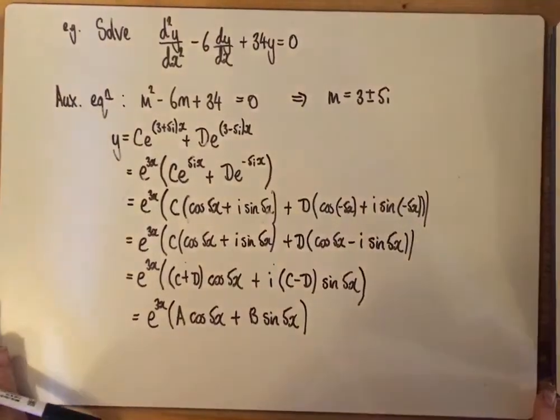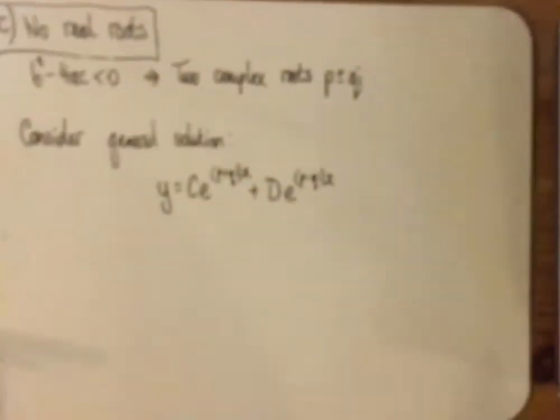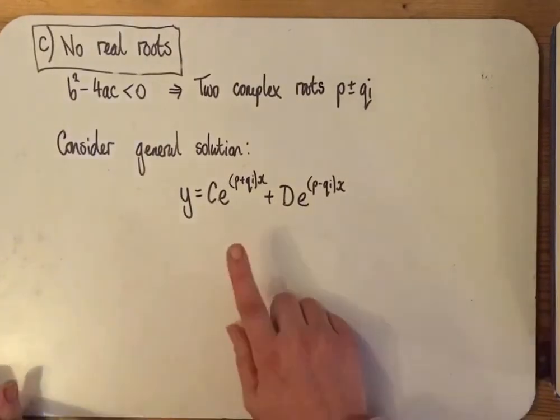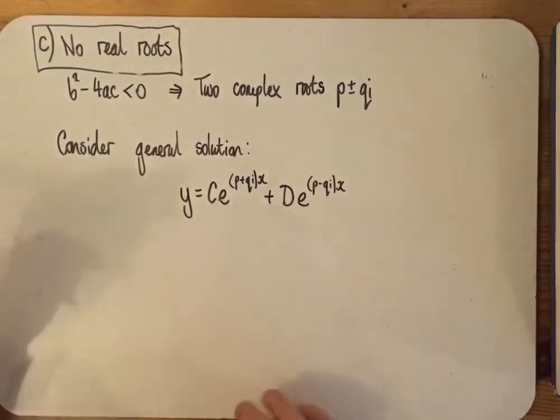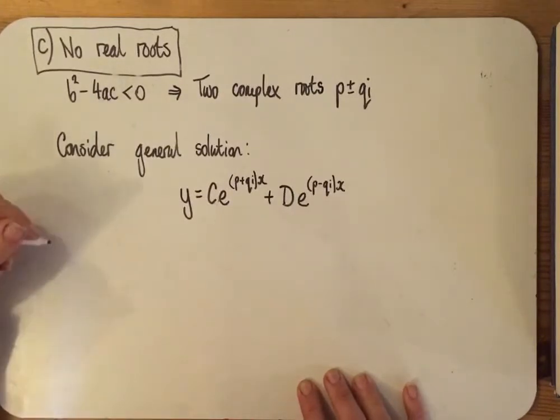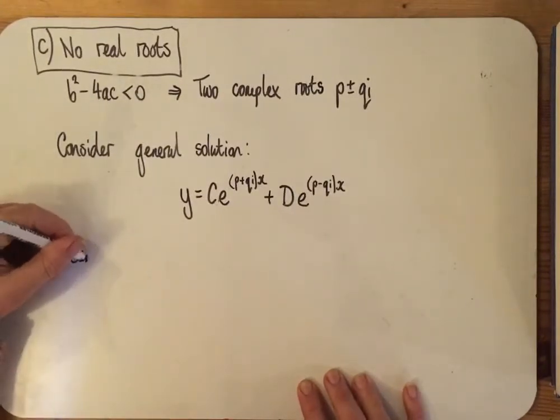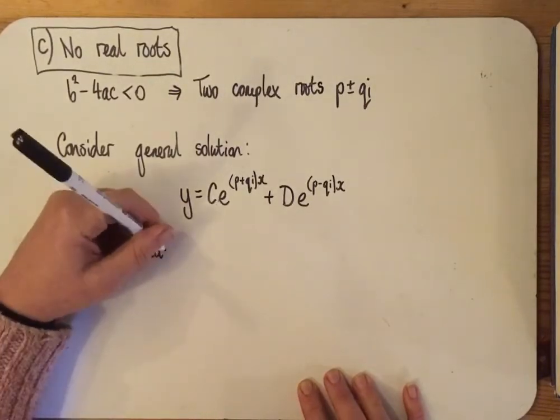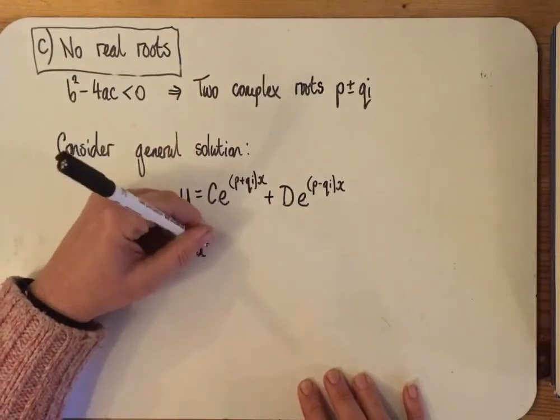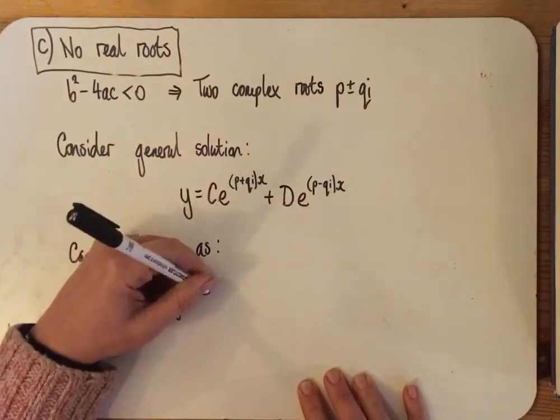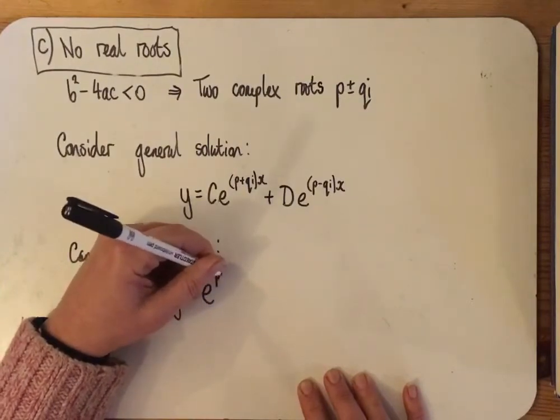So just going back to that original thing, so this is the general solution, but it can be written as, and this is the one we use, y equals e to the px.